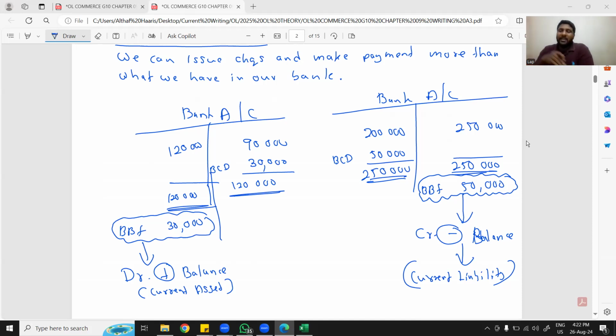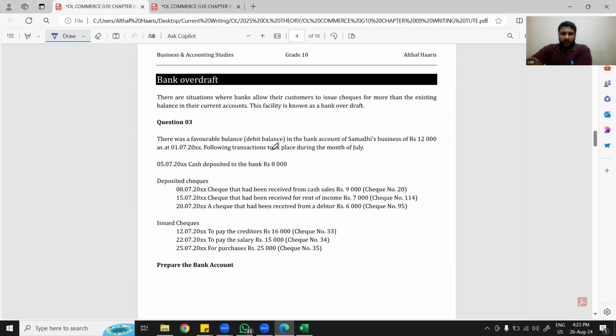Asset becoming negative means it's a credit. The capital account, equity and liabilities are by nature originally credit accounts. But bank is an asset account, and it has gone negative. Asset becoming negative means it will end up with a credit balance. Okay, you know? So that is all about the bank overdraft.